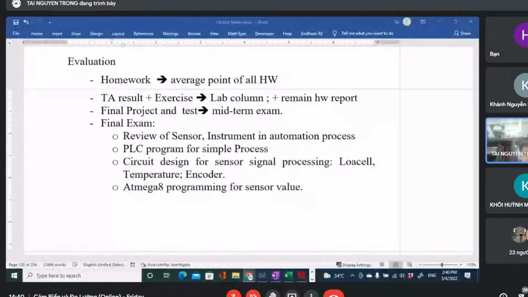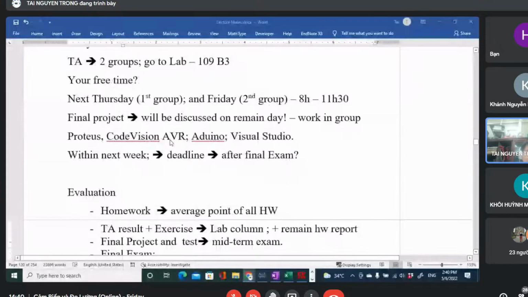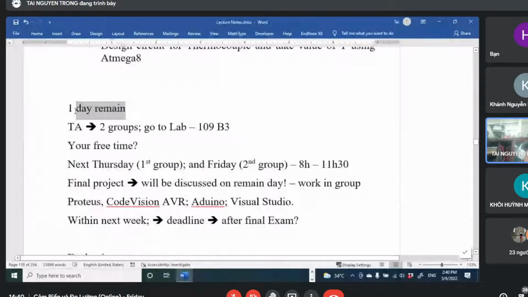I will arrange the reminders by letter, and I will announce to the class, maybe next week.